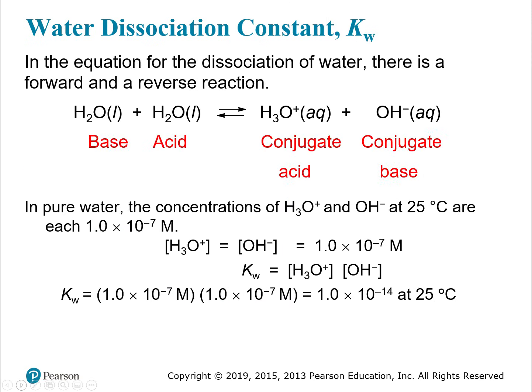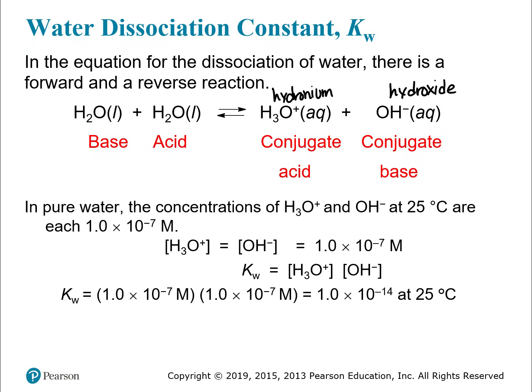And because of that, we can write the water dissociation constant, which is Kw. There's a forward and reverse reaction. Forward reaction, we're making hydronium and hydroxide. And in the reverse reaction, we're just making more water, right?